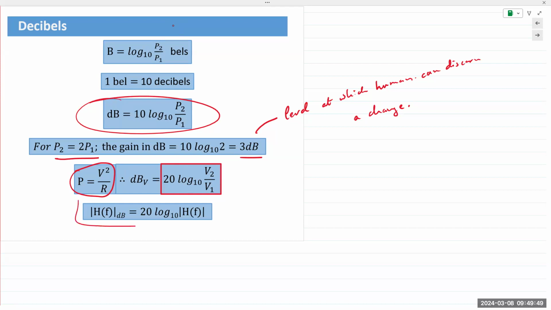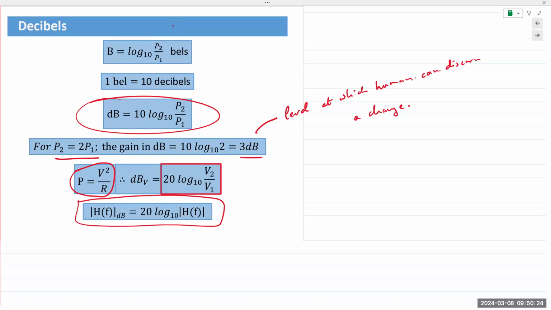And so if we wish to describe the transfer function in dB, it is 20 times the log of H of f. H of f is the ratio of voltages, the ratio of output voltage to the input voltage, which fits this equation perfectly. And so if you wish to plot the magnitude of the transfer function, which has a very high range in filter circuits, versus a large range of frequencies, we compress the frequency range by using the log scale on the x-axis.